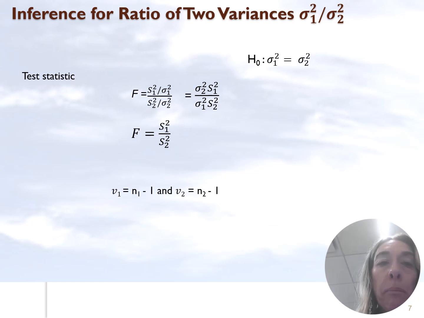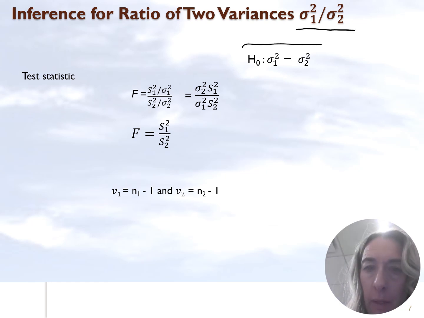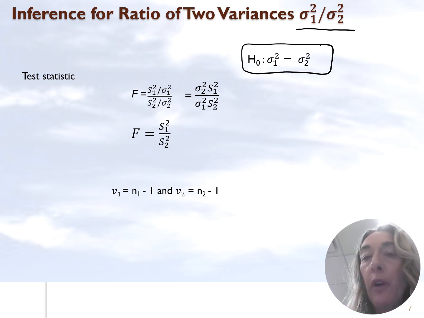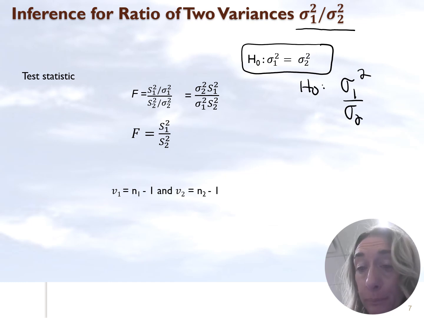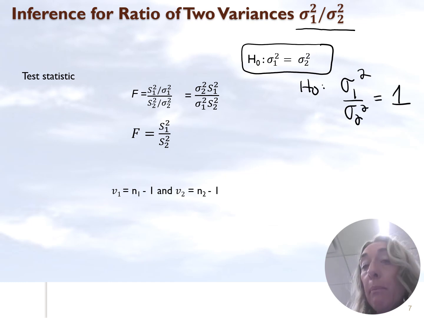In performing inference for the ratio of two variances, sigma 1 squared to sigma 2 squared, this is our typical null hypothesis, that the two population variances are equal. Another way to write that is that the ratio of sigma 1 squared to sigma 2 squared is equal to 1, simply by dividing by sigma 2 squared on each side of the equality.